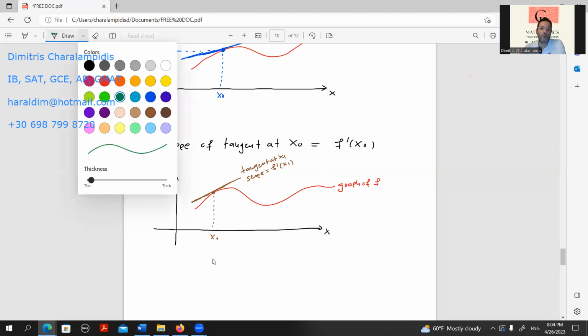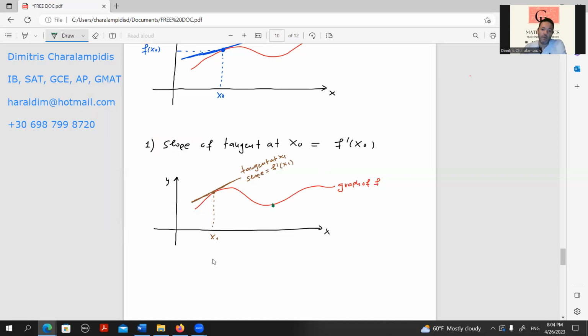Let me use a different color for a different point. Let us assume that this is x2. The tangent would be this. This is the tangent at x2, and the slope of this tangent would be equal to f derivative of x2.